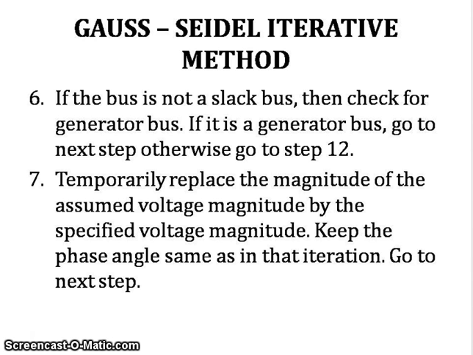If the bus is not a slack bus, then check for generator bus. If it is a generator bus, go to the next step. Otherwise, go to step 12. Temporarily replace the magnitude of the assumed voltage by the specified voltage magnitude. Keep the phase angle the same as that of the previous iteration.